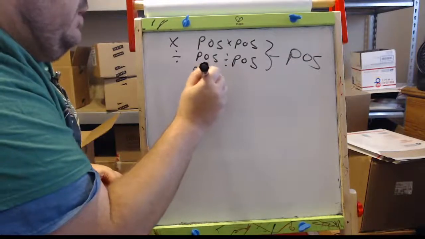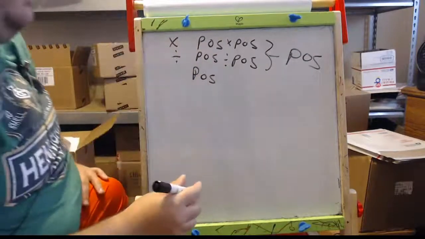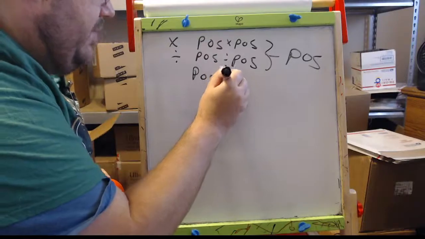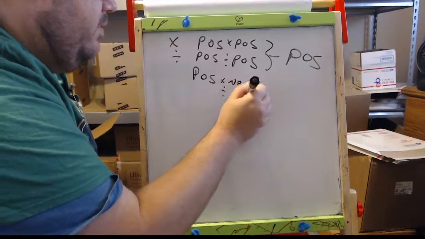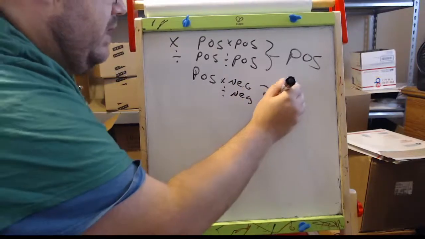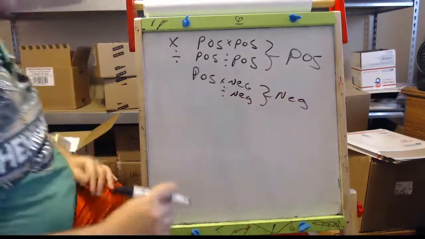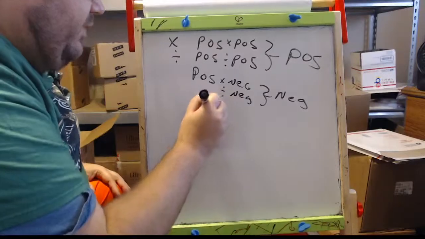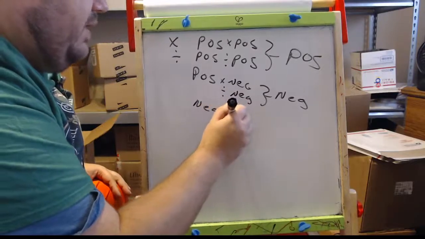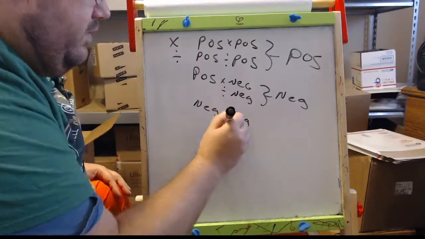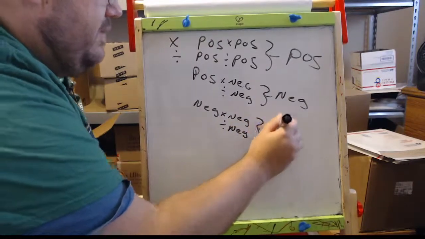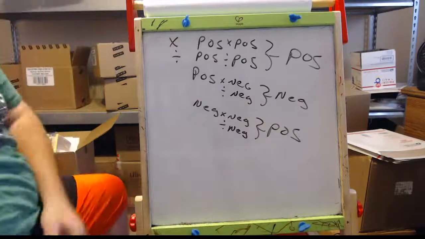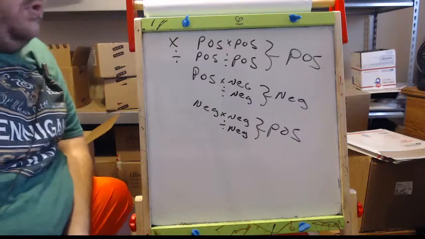A positive multiplied by a negative or divided by a negative, my answer is going to be negative. A negative multiplied by a negative or divided by a negative is going to be a positive. Okay, those are the rules of integers.